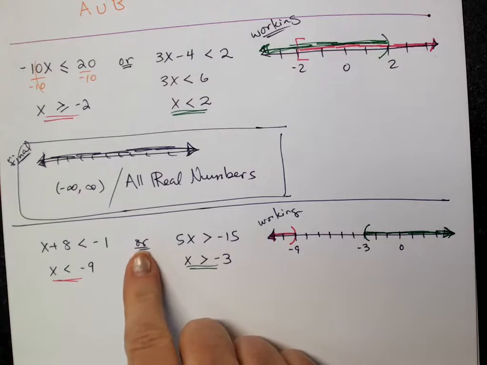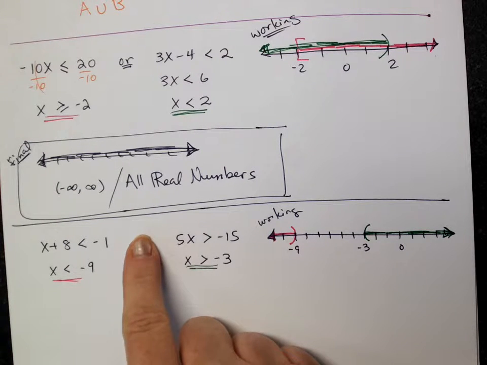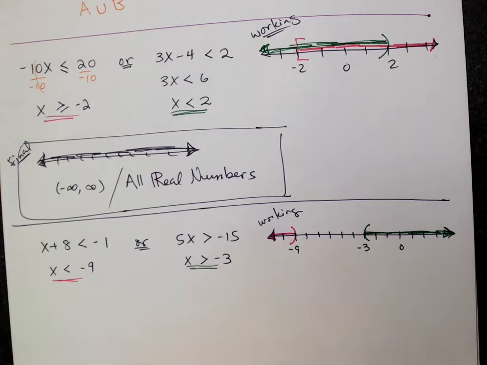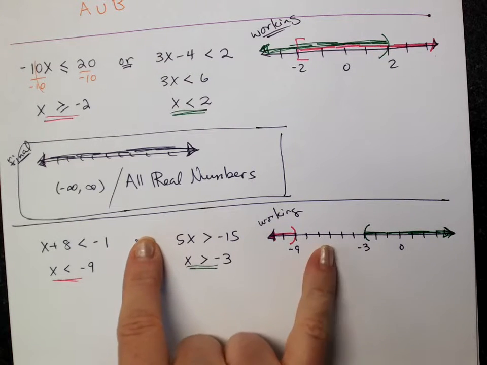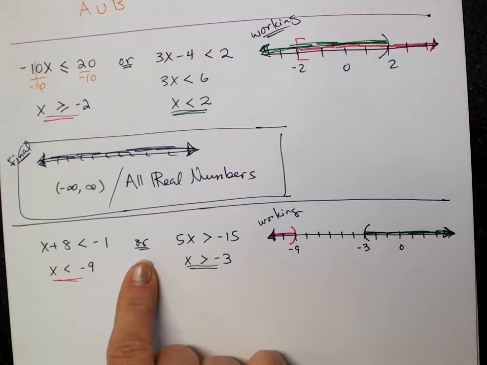If this was the word and, what would our solution be? No solution, exactly. There's a gap, there's no overlap. If this were the word and, we'd say no solution, no overlap, nothing in common, no intersection. But this is the word or. So what's our solution?